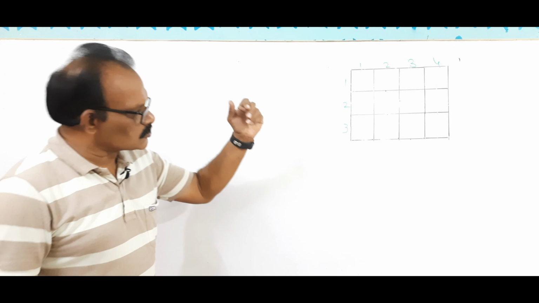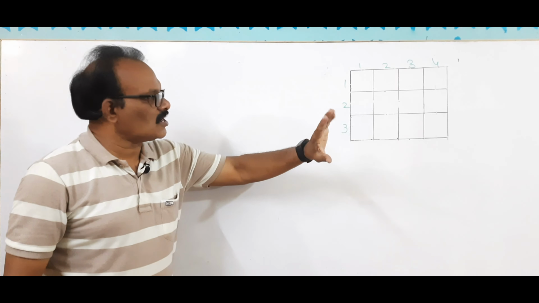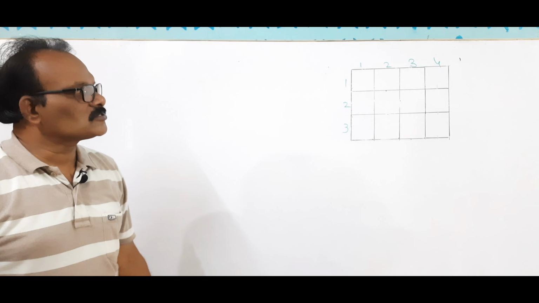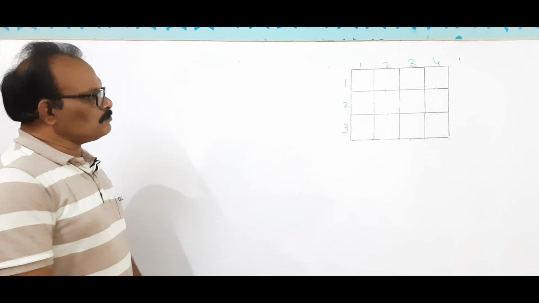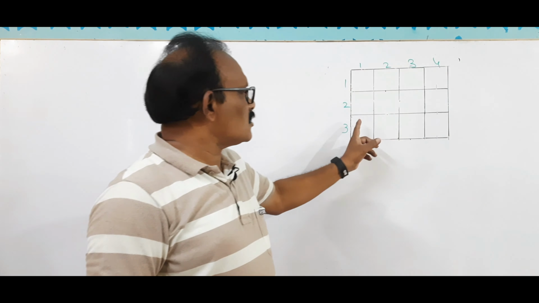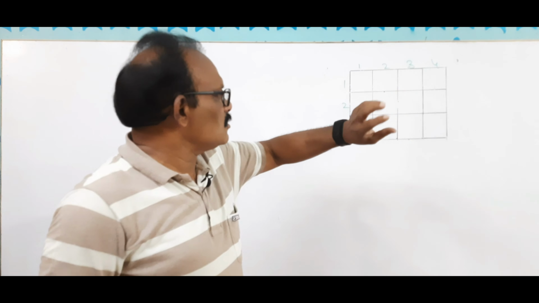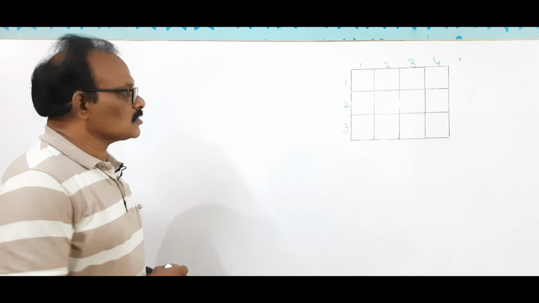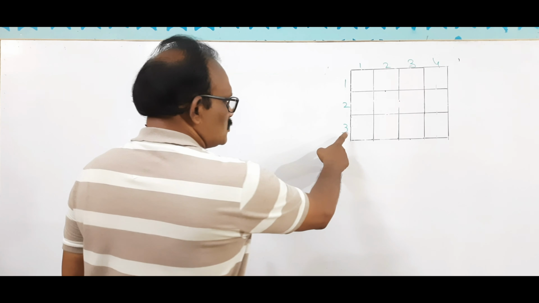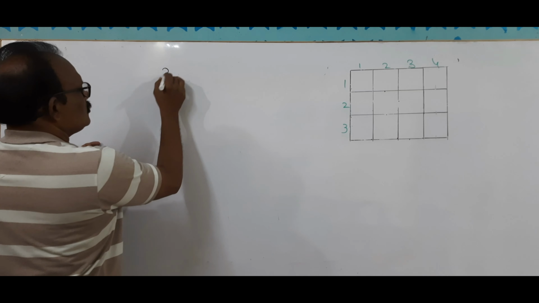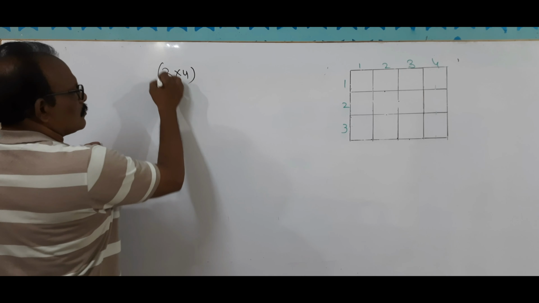Here we have squares, but the overall picture is a rectangle, and inside it is divided into squares. Now we have to find out how many squares there are. Simple, our logic is to multiply this 3 with 4, 3 into 4.